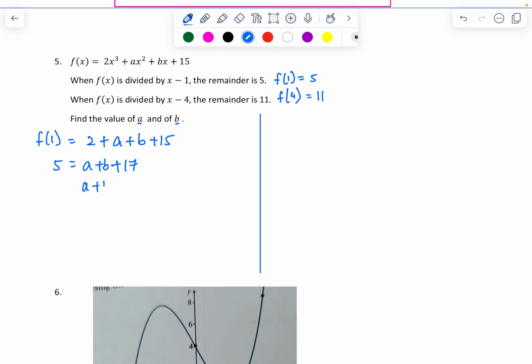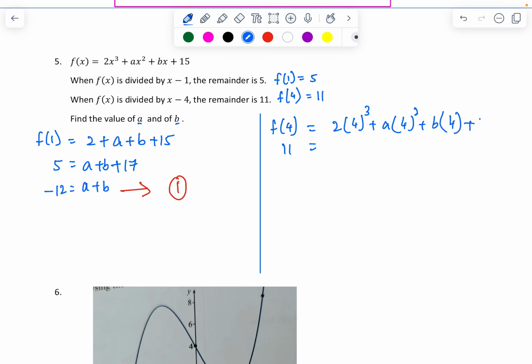So this gives me a plus b equal to negative 12, and this is our first equation. Then f of 4 is equal to 11, the remainder, so 2 times 4 cubed plus a times 4 squared plus b times 4 plus 15.